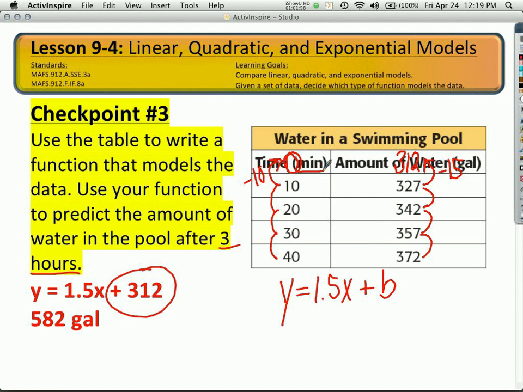So what did you have to do with the 3? Well, if x is minutes, yeah, you have to convert it to minutes. So, yeah, an understandable mistake. You're going to see that in your homework, so be aware of that.